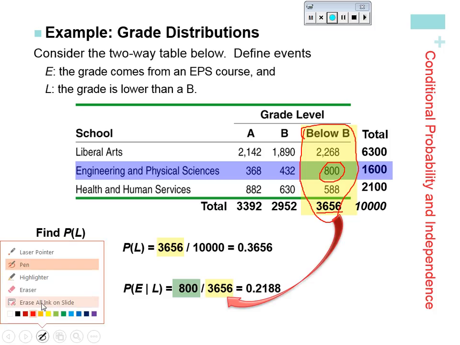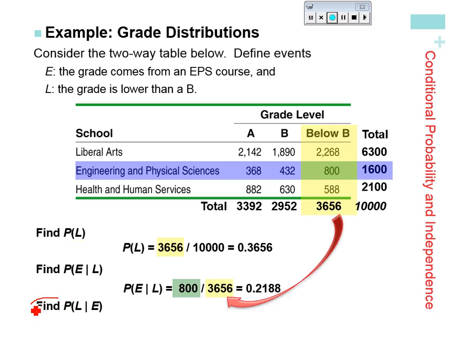And then the last part here is the probability that someone has a grade that's lower than a B given that they are in the engineering and physical sciences school. So in this particular problem, we're just restricting ourselves to this row of values right here.